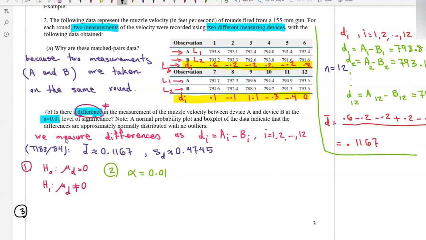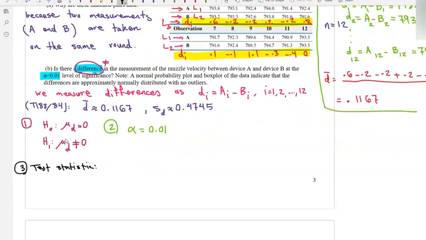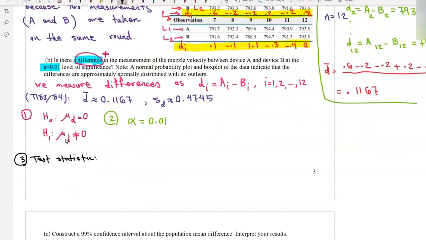Step 3, find t. T is d bar divided by standard deviation over square root of n.